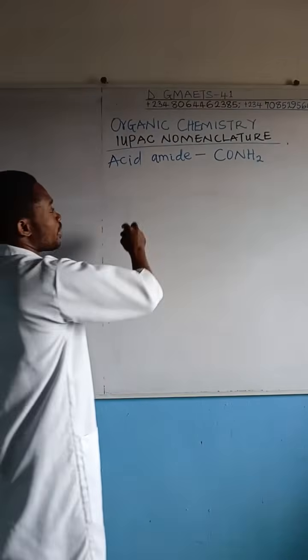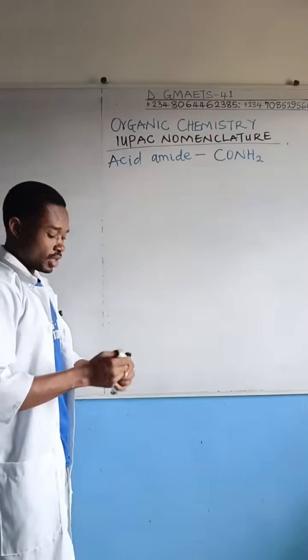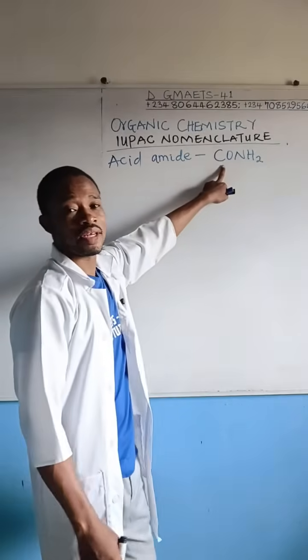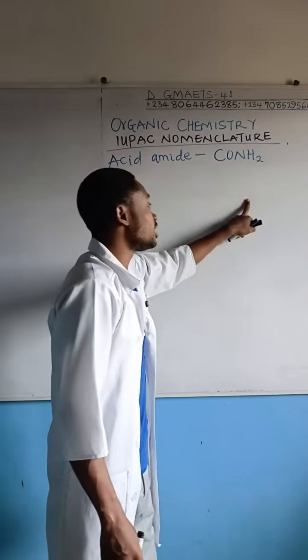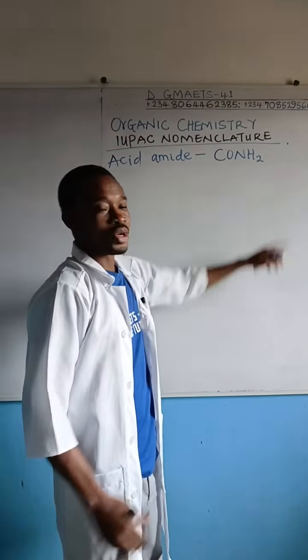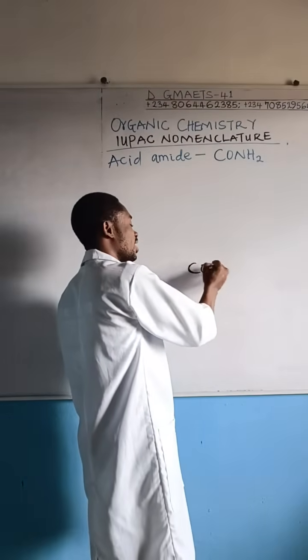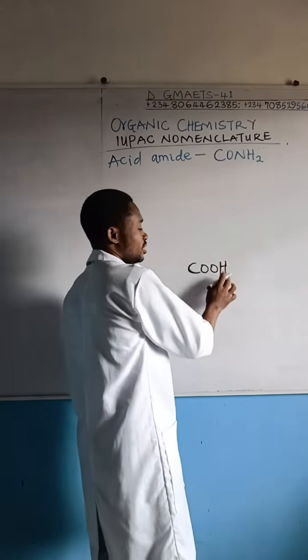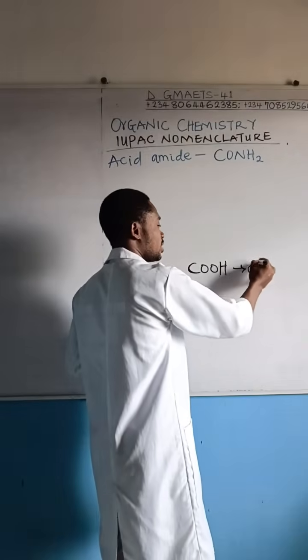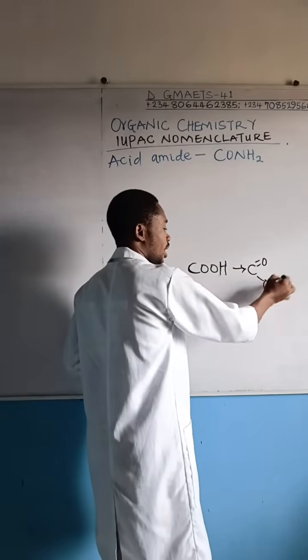Now let us talk about the pattern of the parent name. You can decide to expand this. If you expand it, it is C, double bond to oxygen, then downward NH2. So you can see how you obtain it from alkanoic acid. If you expand alkanoic acid, you are going to get C, double bond to O, and then OH.